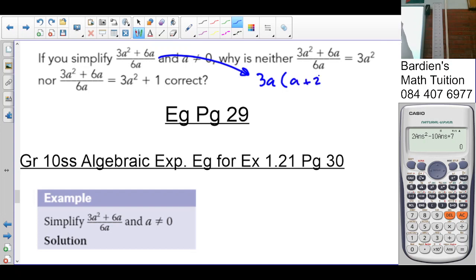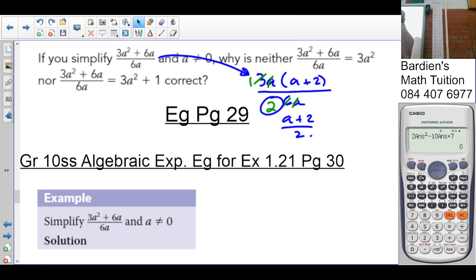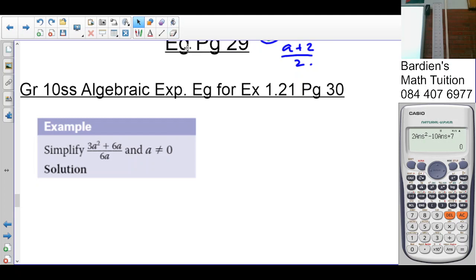A plus 2 over 6a. So 3 going into 3 once, 3 going into 6 twice, the a's cancel. So I'm left with a plus 2 over 2. Again, what they're trying to show you here is that 6a can't cancel with that 6a. Why? Because that's a plus. If there had been a minus between it, you couldn't do something like that.